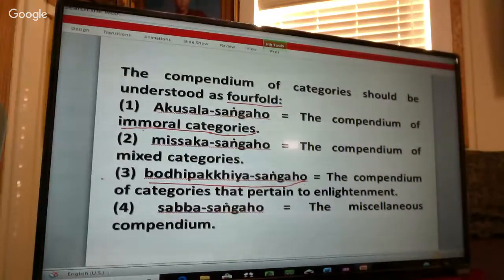So Bodhipakkhiya Sangaha is a compendium of categories that pertain to enlightenment. In this category the Buddha explains only the phenomena that have the power to lead to enlightenment, to realize the truth, to realize Nibbāna.